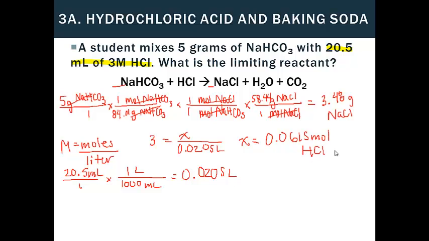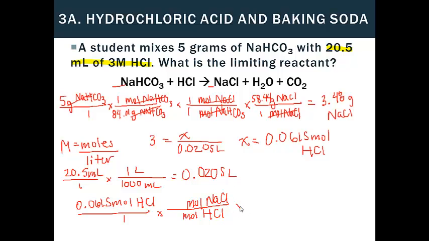Okay, so for my second calculation, I'm starting out with 0.0615 mole of HCl, and I want to convert moles of HCl into moles of salt, my chosen product, and then I want to convert moles of NaCl into grams of NaCl.